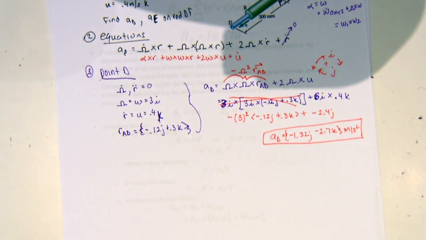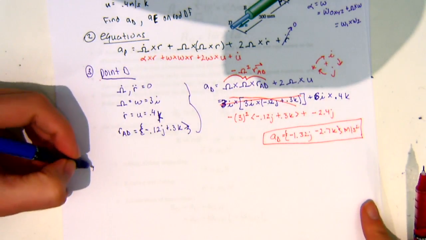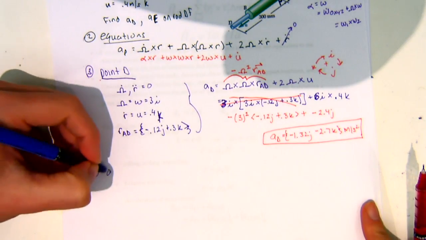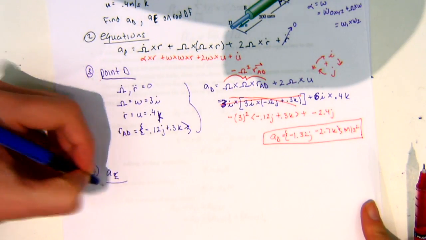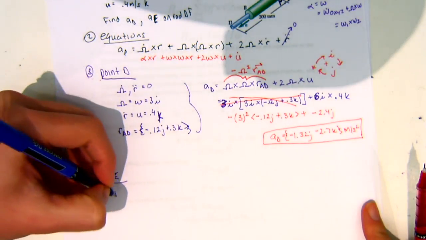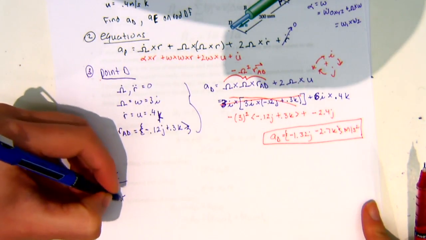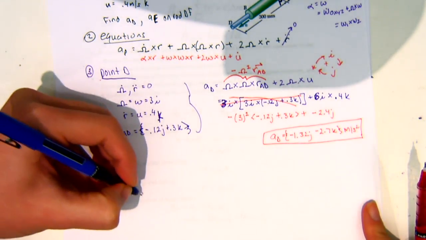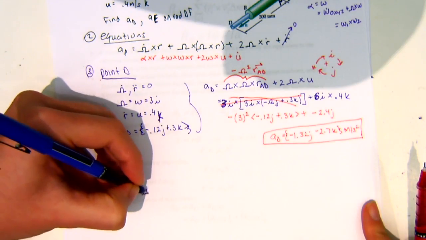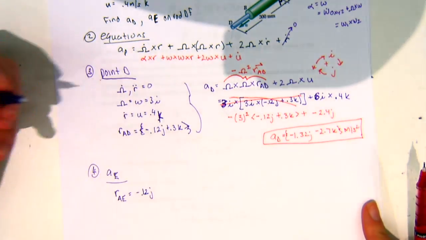Good? And now for the next one, the only difference between point D and point E is that our R value is going to be different. So R_AE is only going to be negative 1.2J. That's it.